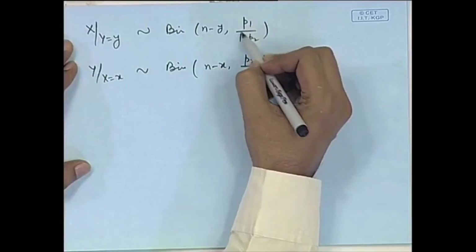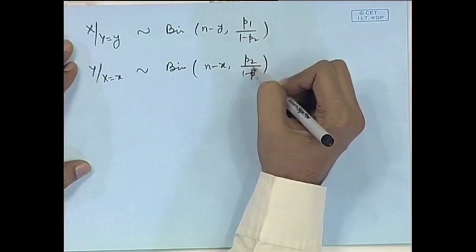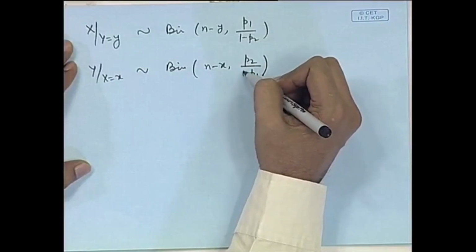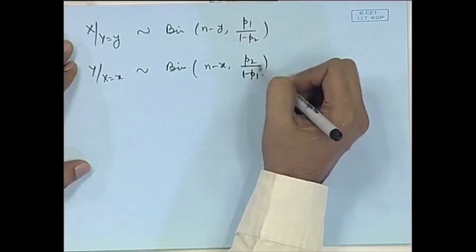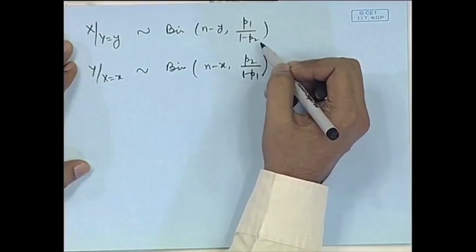Of course, when we write p1 by 1 minus p2 and p2 by 1 minus p1, we are assuming that the number is between 0 and 1.